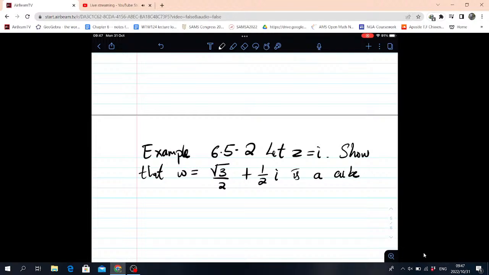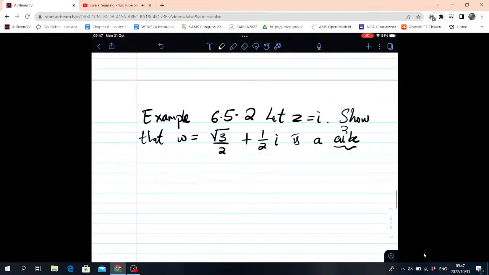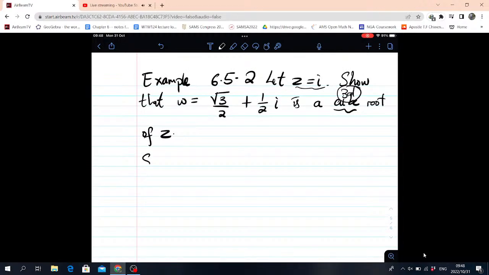So it's just saying cube means the third root, right? Cube root of z. So we are given w, and we want to check if it is indeed a cube root of that. So the first thing would be, to make our life easier, we can just write our w in polar form, right?